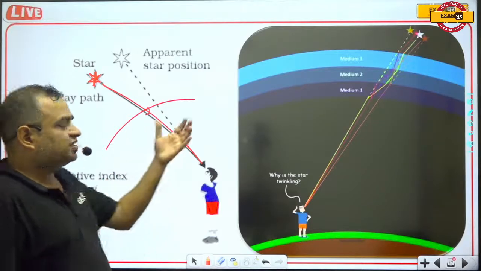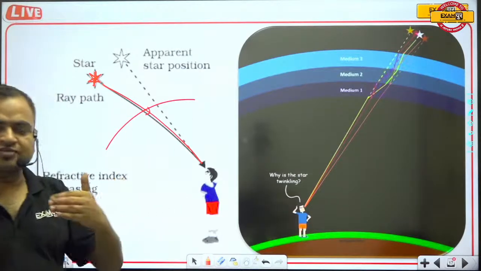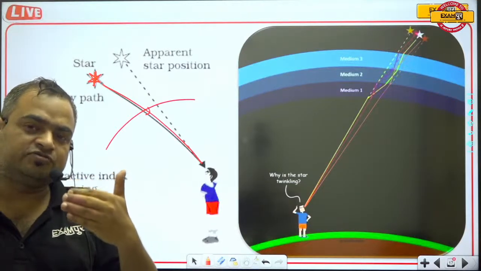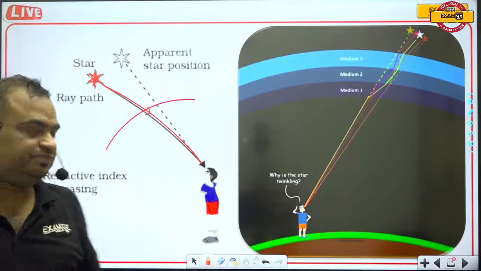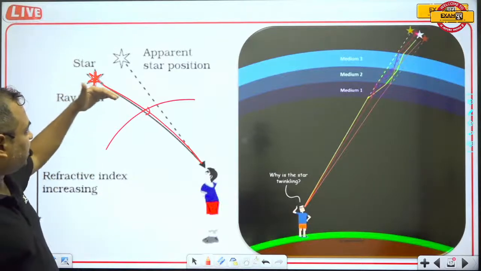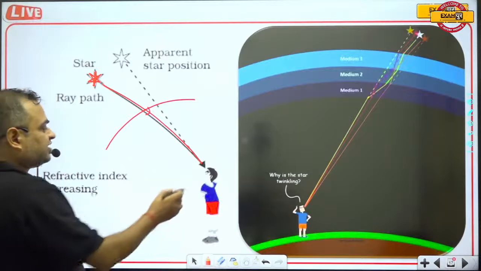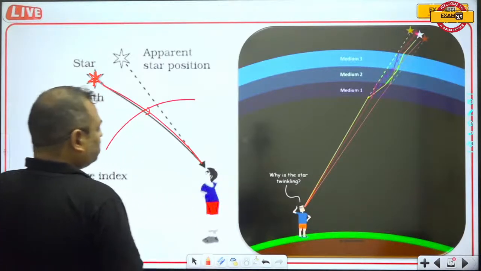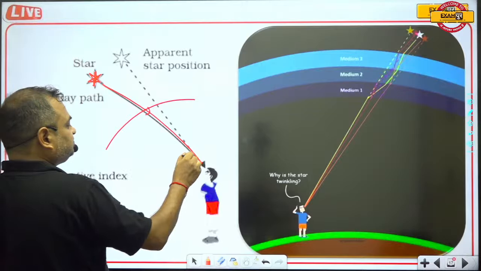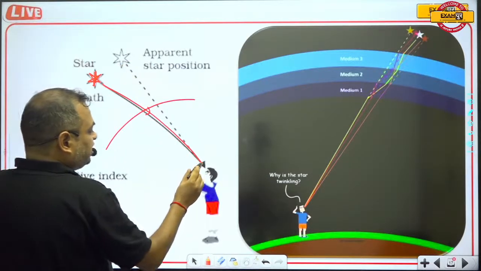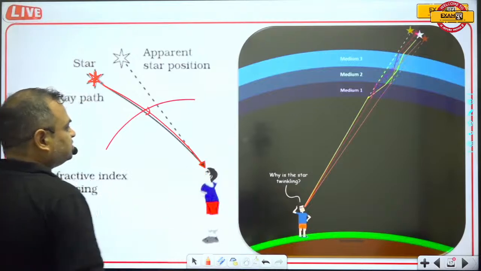The atmosphere has a gradual change of the medium, and that's why the light ray gradually changes its path. So when the light ray reaches the eye of the observer, an image is formed just behind the light ray when it enters the eyes of this man.